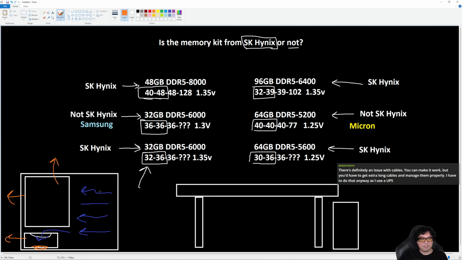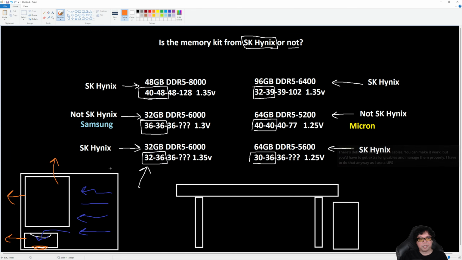There was a video that I saw last year. I think it was somebody in Japan. Somebody in Japan did a very thorough look at aquarium cases versus your standard front-to-back airflow cases, like traditional style.